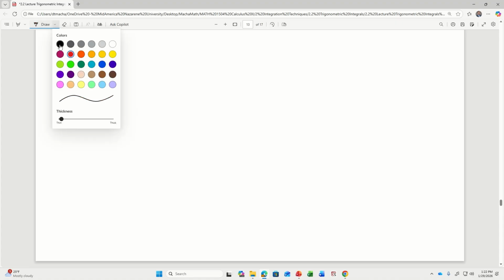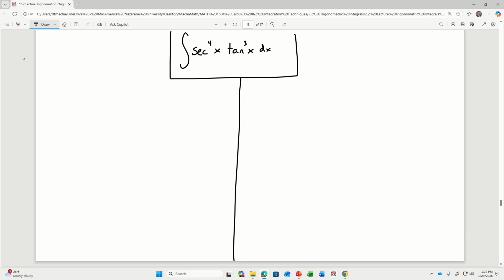But what if secant is an even power and tangent is an odd power? What if I have something like secant to the fourth tangent to the third? We're going to solve this thing two different ways.